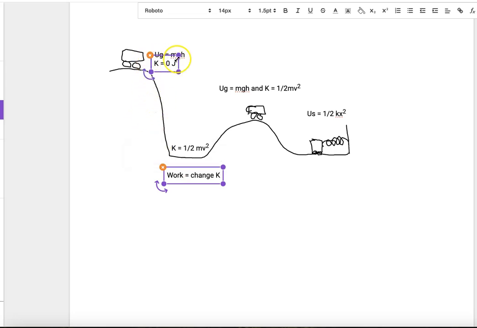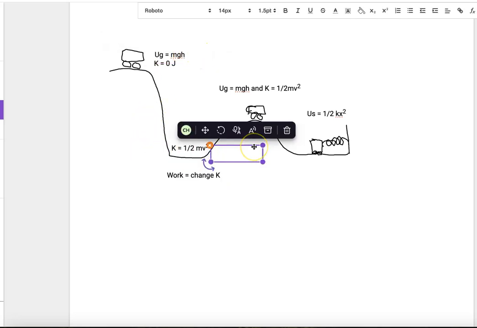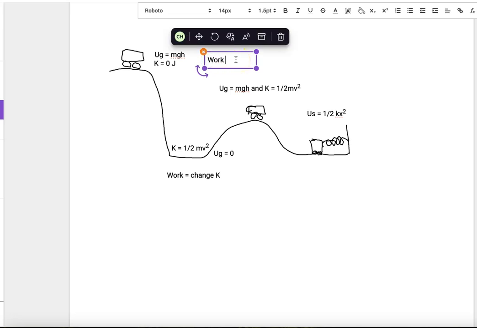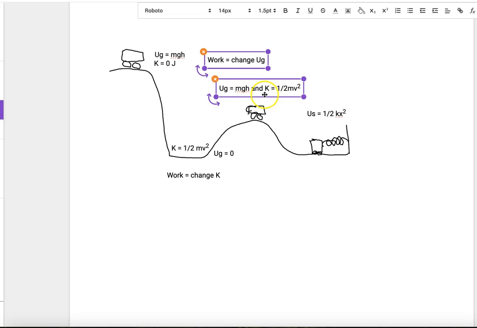However, I could also start with potential energy due to gravity, and I know that down at the bottom, the potential energy due to gravity is equal to 0. So I could also say that the work here is equal to the change in the gravitational energy.